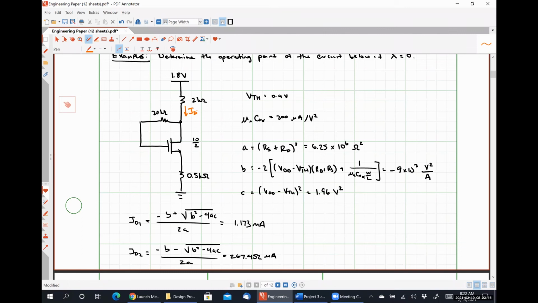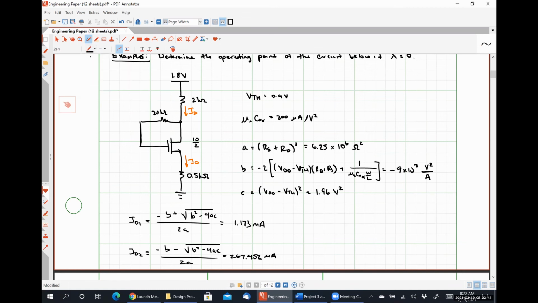I hope that we can all agree from our large signal model that our drain current ID is flowing through the 2 kilo ohm resistor, and none of it branches off to flow into the gate. And that same current ID is flowing through our 0.5 kilo ohm resistor.